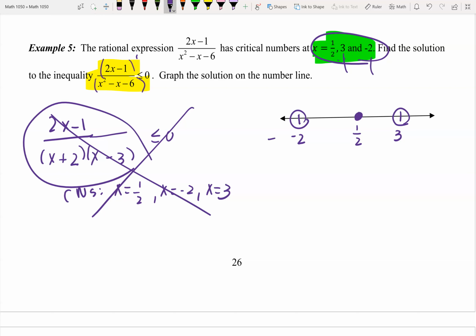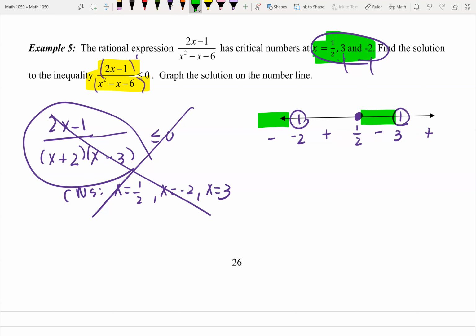If you understood that nothing's squared, you could just go negative, positive, negative, positive. If you wanted to, you could just test regions. So plug in a 0, plug in like a 1, plug in like a 4. It'll take you 45 seconds. Less than 0 means negative, so that would be here and here.